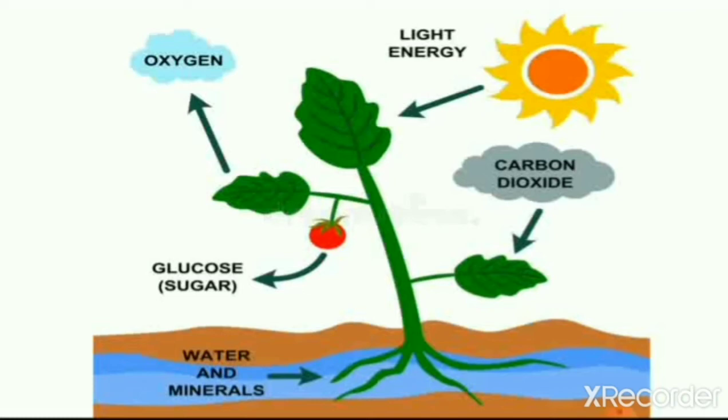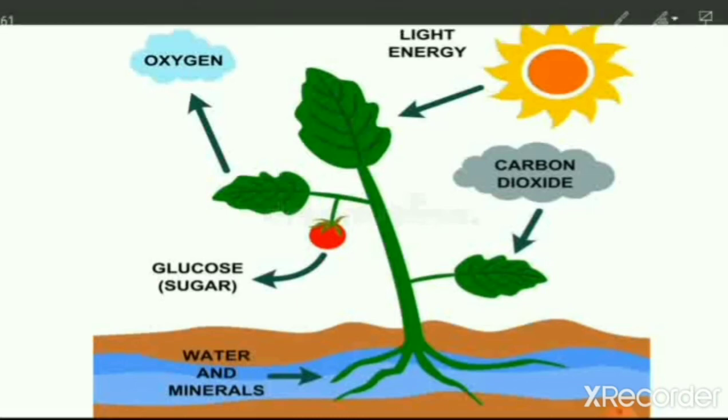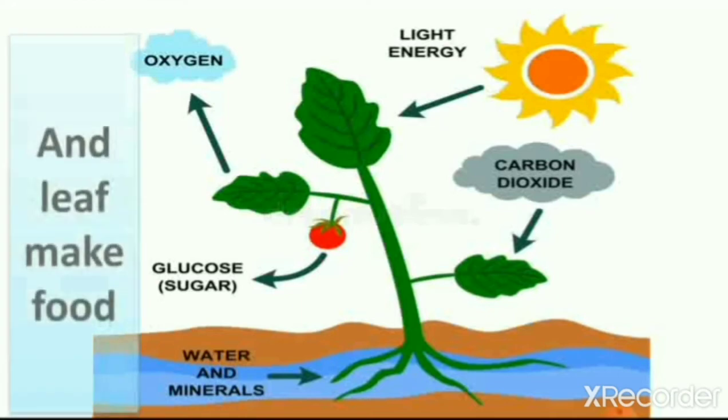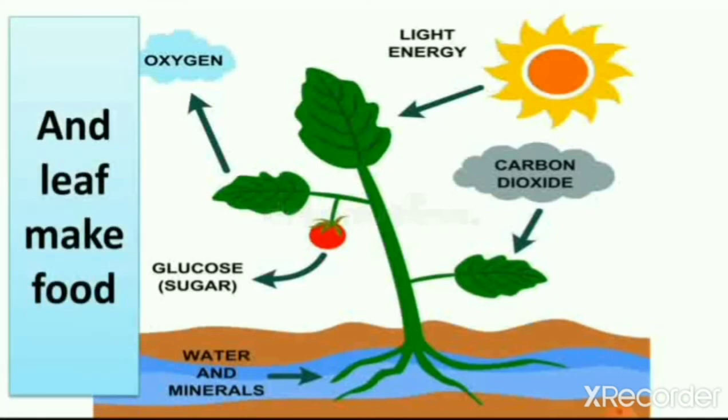So here you can understand how a tree gives us oxygen. And after this process, the plant makes fruit for us. So it is the important part of the plant which grows food for the plant. All these things bind together and the leaf makes food for the plant.